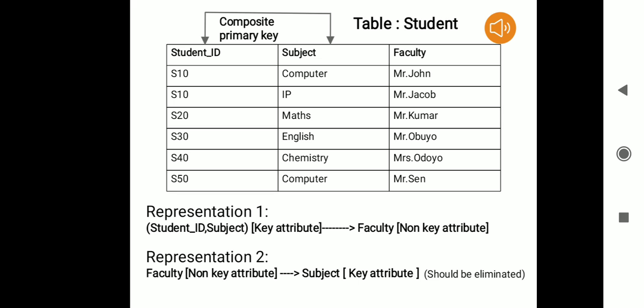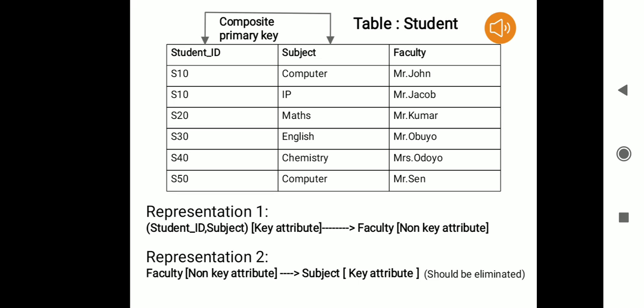Clearly, there are no duplicates, and that's why they are unique. So the composite key student ID and subject taken together forms a key attribute which determines the non-key attribute faculty. This can be seen by the first representation pointed to by the arrow in this slide.